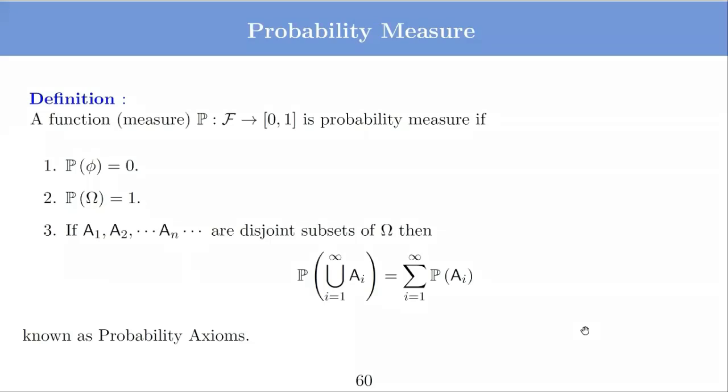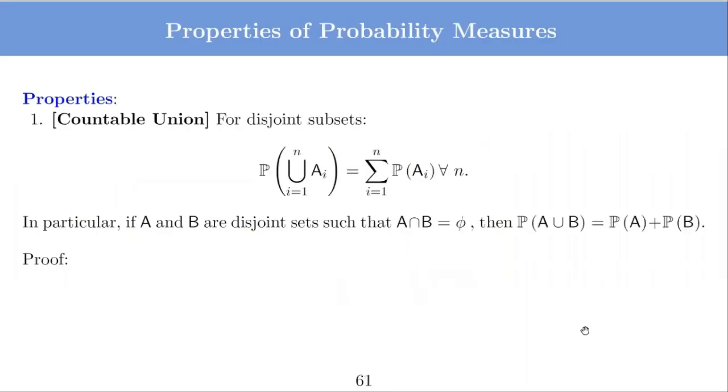We show that although we only have to prove these three properties to say something is a measure, the probability measure itself comes with other properties also, which just follow from these three properties. So we will discuss some of these properties as they will be useful in later computations.